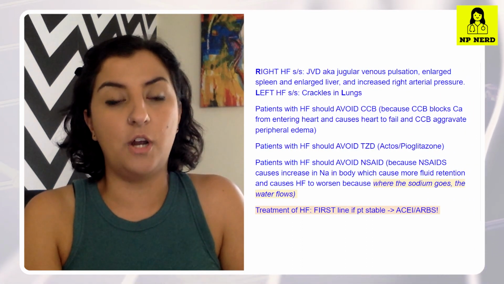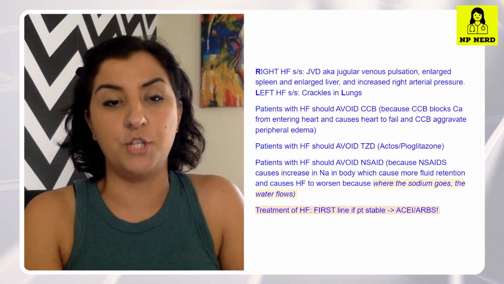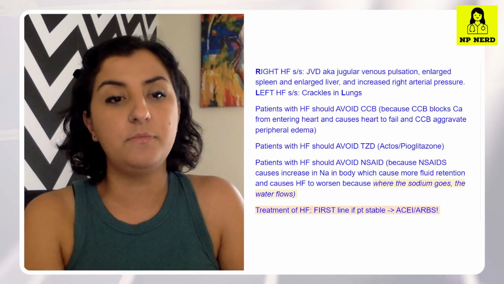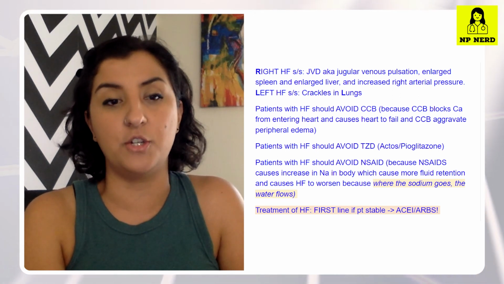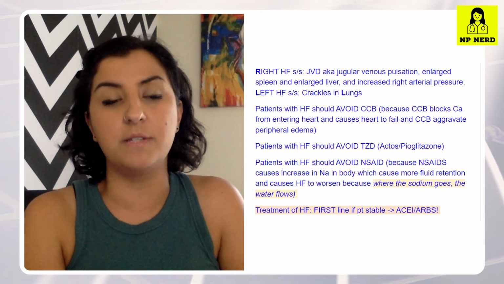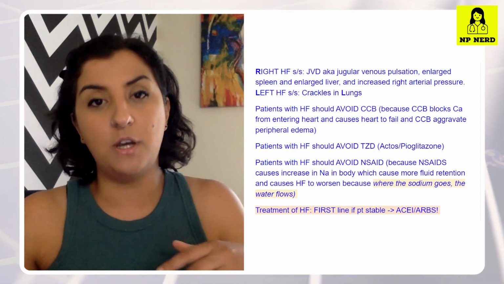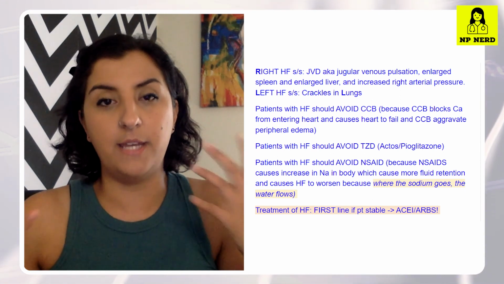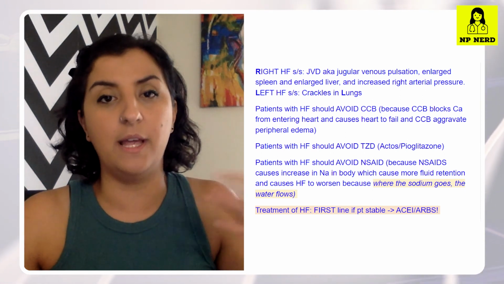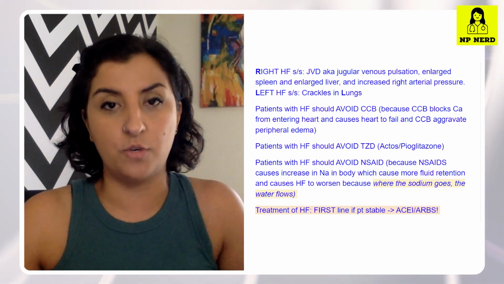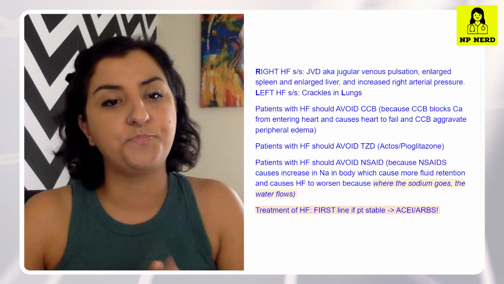Now, the right-sided heart failure signs and symptoms are JVD, jugular venous distension, enlarged spleen, and enlarged liver. And then left heart failure signs and symptoms are crackles in the lungs. Remember, left heart failure, lungs, L and L. Remember that left starts with an L, lung starts with an L. Left heart failure signs and symptoms shows crackles in the lungs, okay?